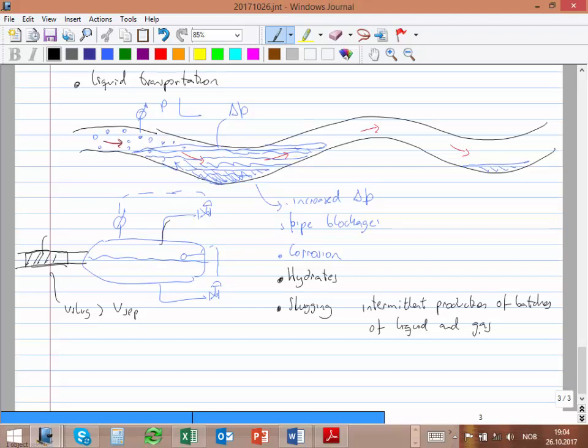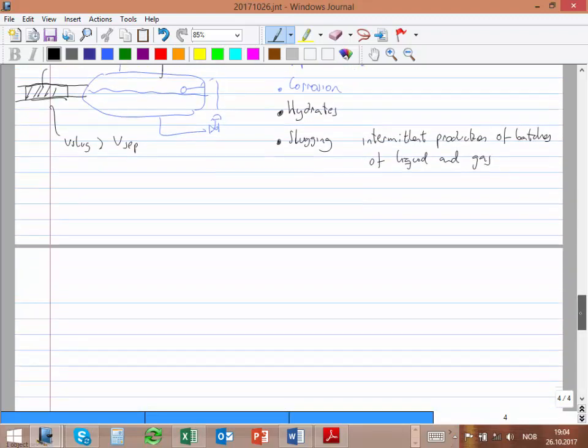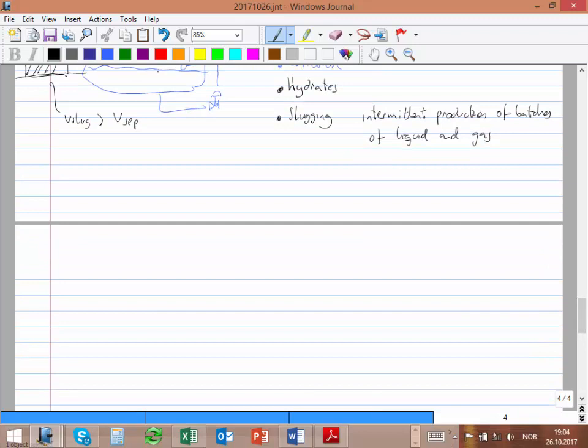Very important. Also, an approach that you maybe see is that, instead of using this type of separator, if slugging cannot be avoided, in many cases, for example, maybe you heard of it, there is a field in the north of Norway called Snow White, Blancanieves.